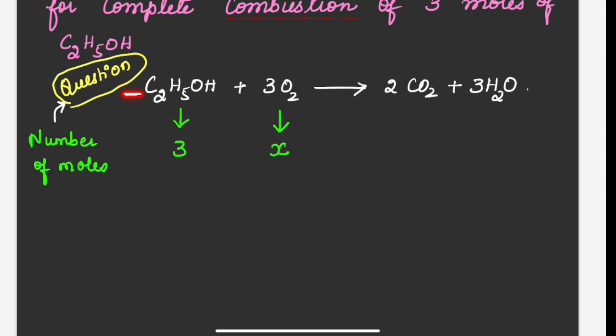If there is no number here, it means you have to write 1. So I'll write here stoichiometric coefficient, short form SC. For ethyl alcohol it is 1. For oxygen, what is the stoichiometric coefficient? The stoichiometric coefficient is this number, which is 3. So I'll write here 3. So we have followed the third step.